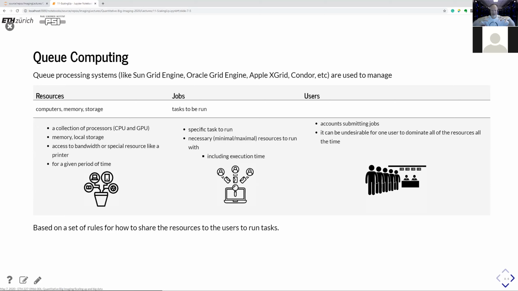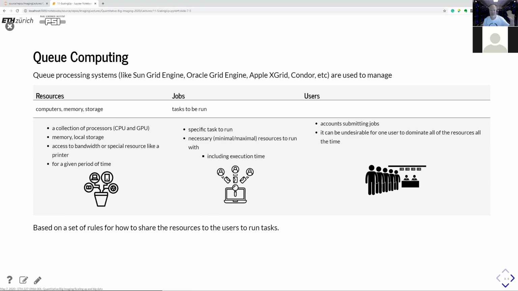If you have some resources, that would be the computer's memory and storage, and you also have some network connections between them, and you only have them for a given time, because you may be only paid for 2 hours of your cluster or something.